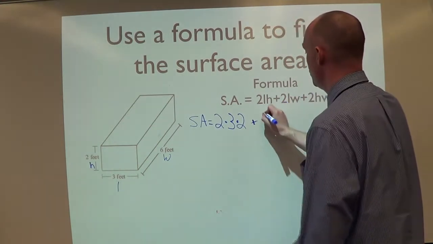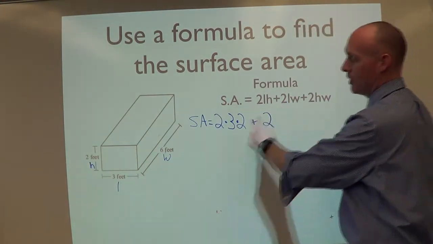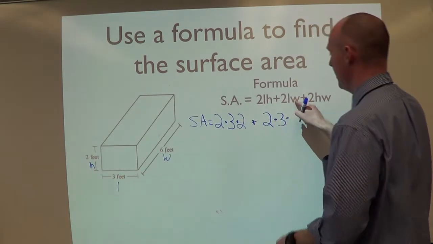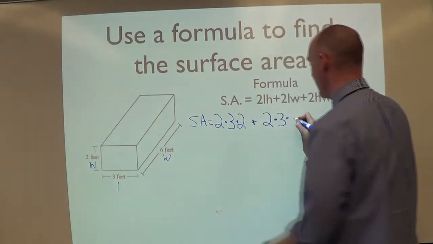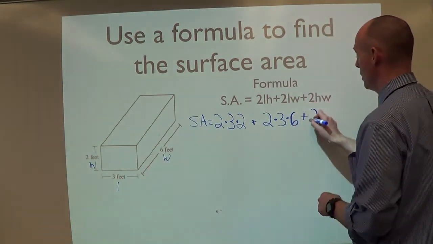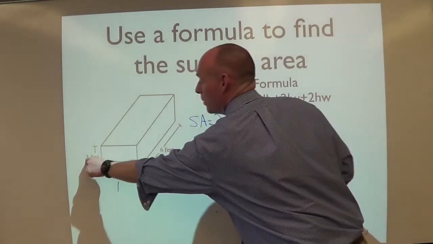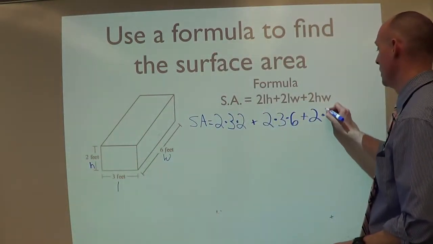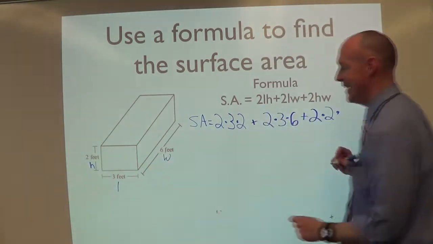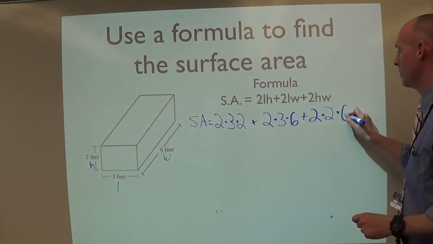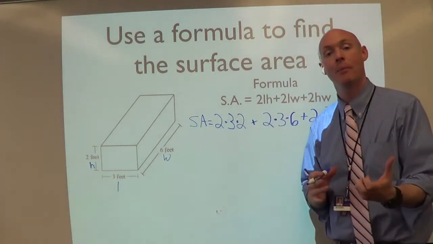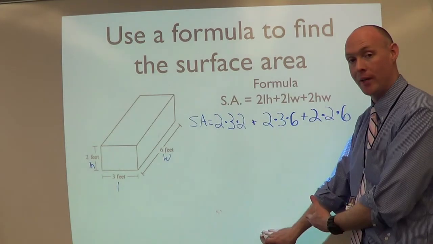Plus 2 times the length, which is 3, times the width, which is 6, plus 2 times the height, which is 2, times the width, which is 6. Okay, so now we've set the whole problem up. Now it's just order of operations. Work it down till we get one number.